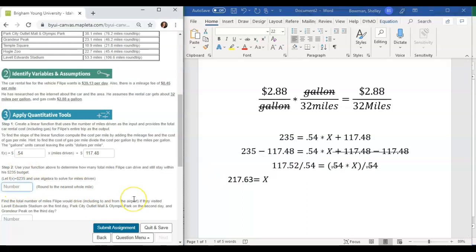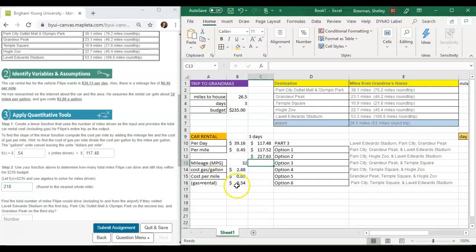And it asks us to round this to the nearest whole mile. So this rounds up to 218. So we'll keep that 218 and move on to the next one. We could get rid of this just in case. I'm going to keep that just in case we need to reference that at any point.